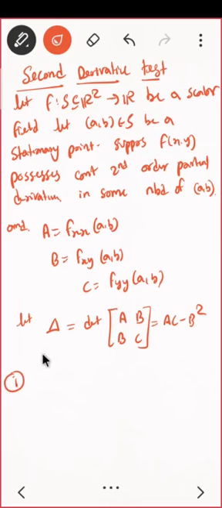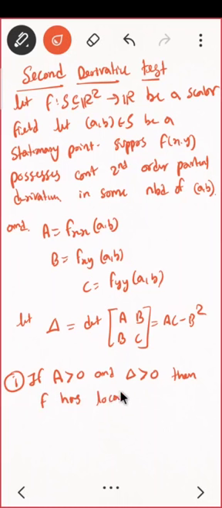First condition is if your A is greater than 0 and your delta is also greater than 0, then f has local minima at (a, b). Do you see? A positive, delta positive, so it will be a local minima.